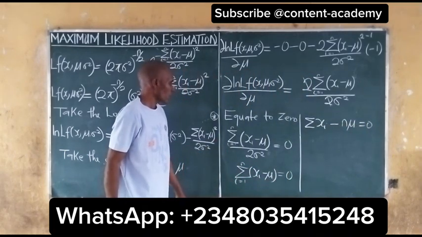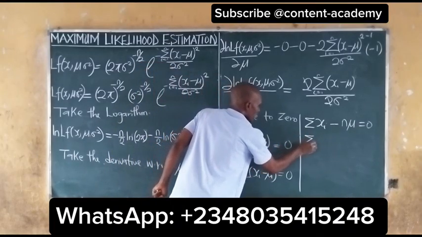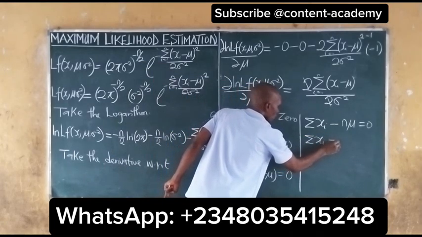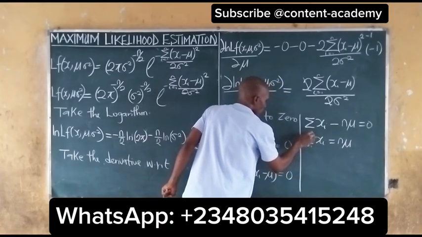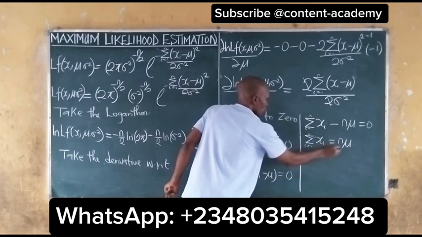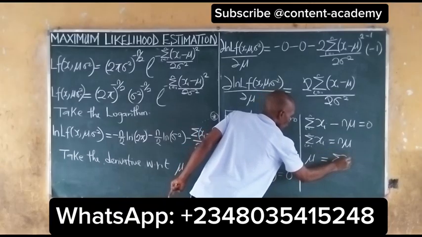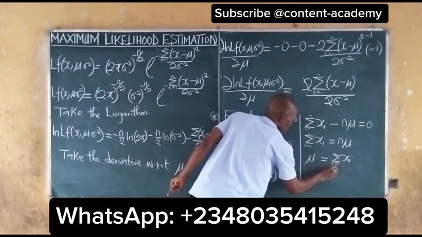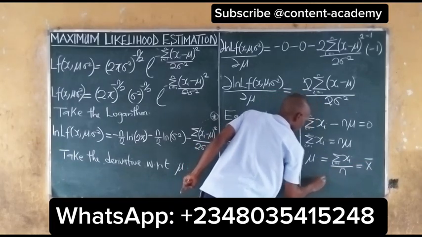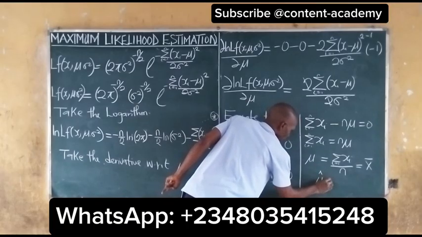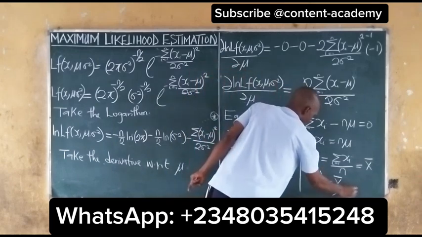Then we can rewrite this as summation of xi equal to n mu, as i running from 1 to n. So if you make mu the subject, you have mu equal to summation of xi as i running from 1 to n all over n, which is equal to x bar. So our mu estimate is equal to x bar, which is unbiased.